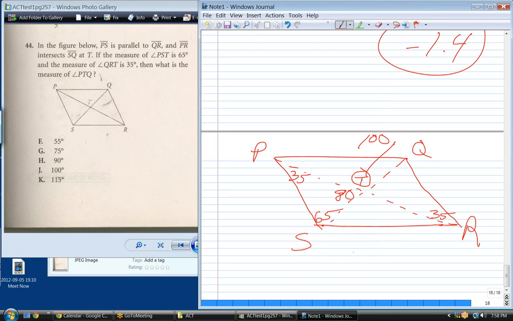Again, it's a problem where if you don't know how to start, just start filling in information that you do know. It's like, I know that's 35 because that's parallel to that, and that's 35, so that has to be 35. Once I know that's 35, now I know these 3 angles have to add to 180.